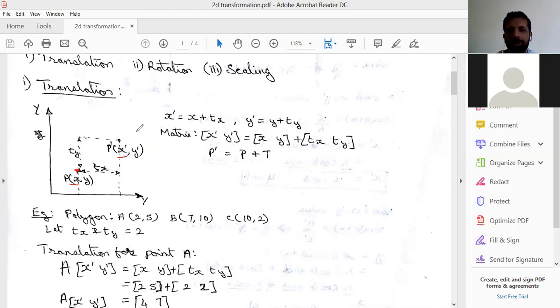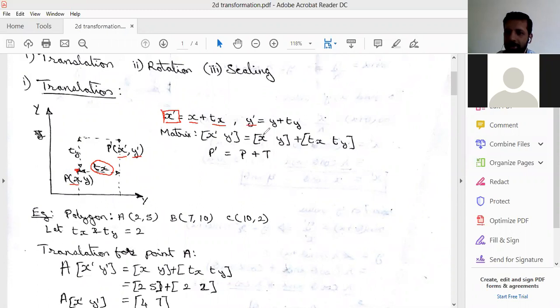So x dash is going to be what? x dash is going to be the x coordinate value plus by how much it should be moving, tx, translation in x direction. So plus tx will give the new coordinate value as x dash. Similarly, since there is a change in the y direction also for this final point, how do we get the y value coordinate?